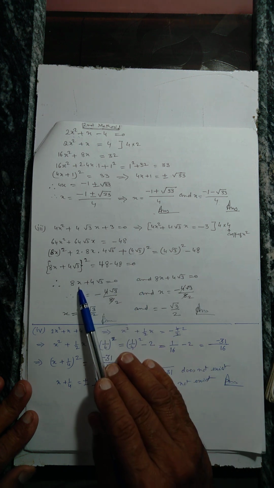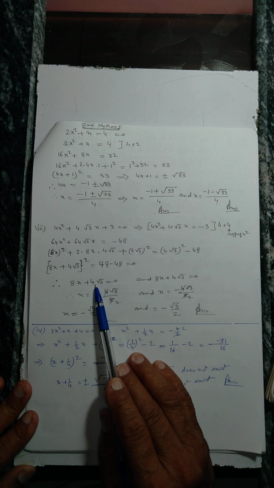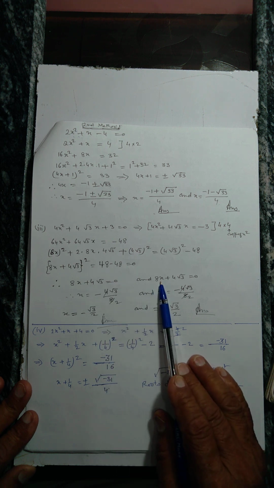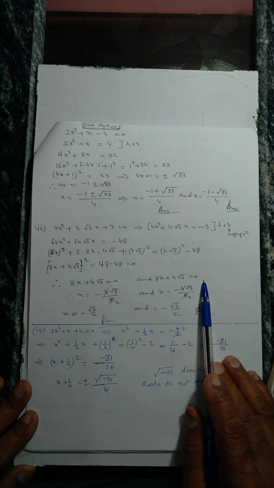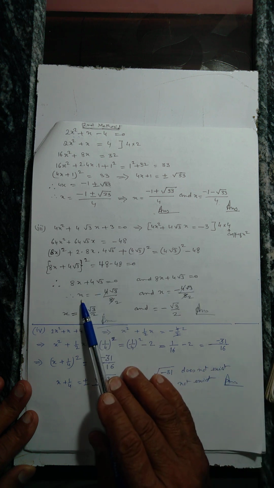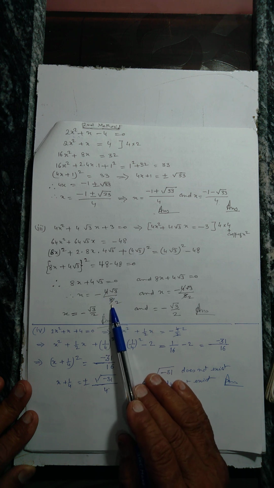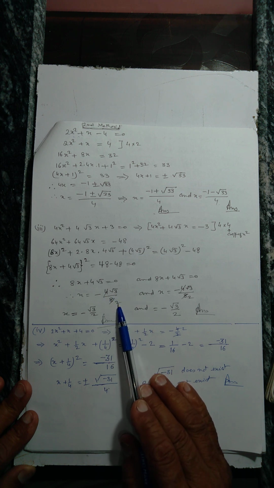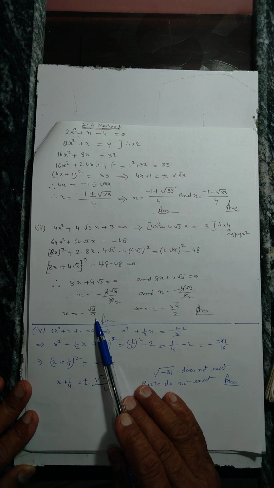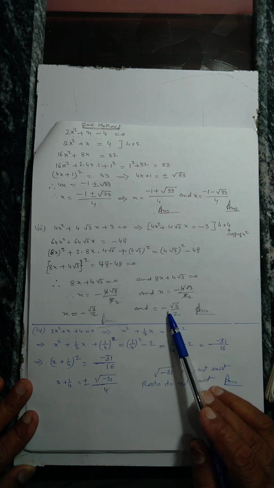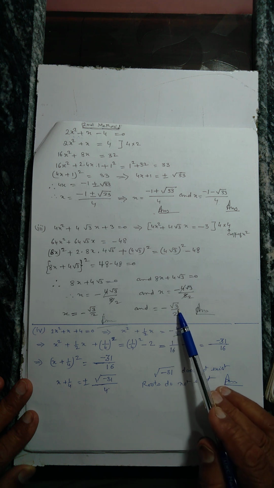So both times we put 8x plus 4 root 3 equal to 0. Here again you see x will be equal to minus 4 root 3 by 8. Solve it, you will get minus root 3 by 2. Here also again you will get x is equal to minus root 3 by 2.